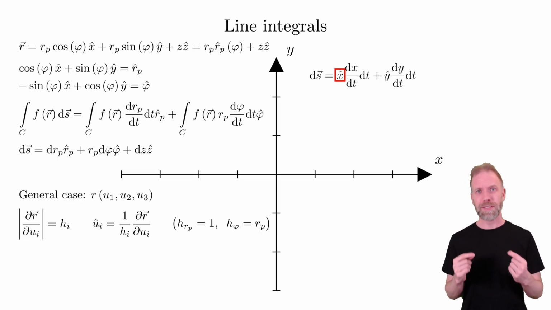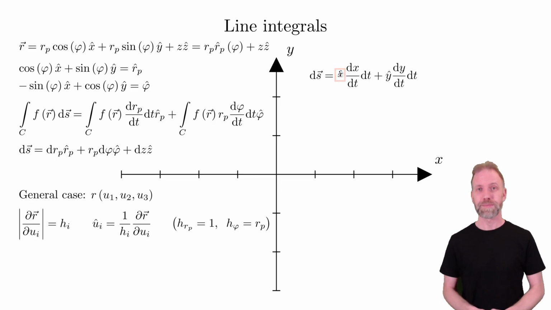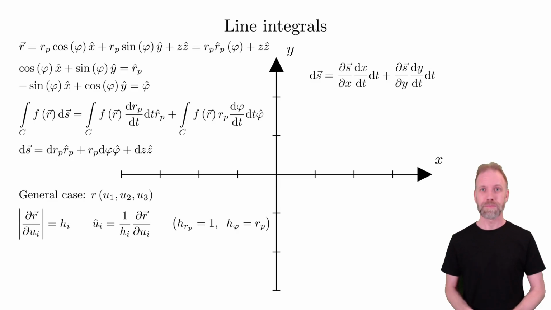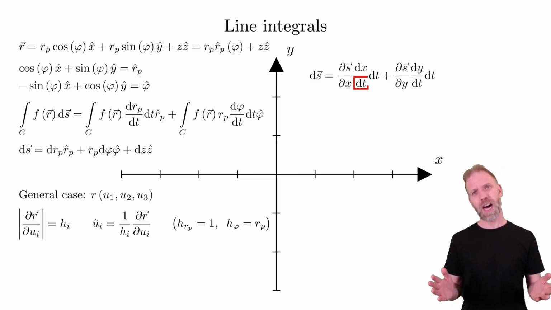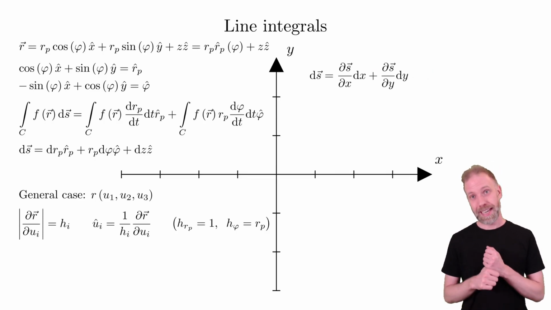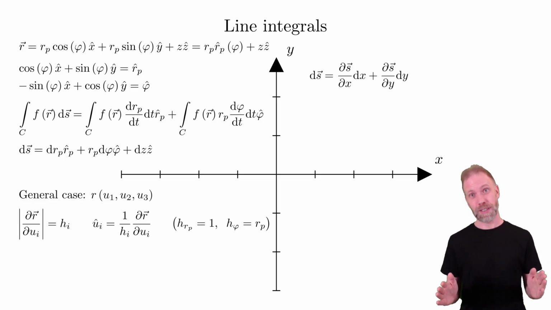Hence, we saw in the previous video that x hat is the partial derivative of the position with respect to x, and y hat is the partial derivative of the position with respect to y. For now, we can drop the parameterization dt. Note that the expression for ds simply is the chain rule for partial derivatives.